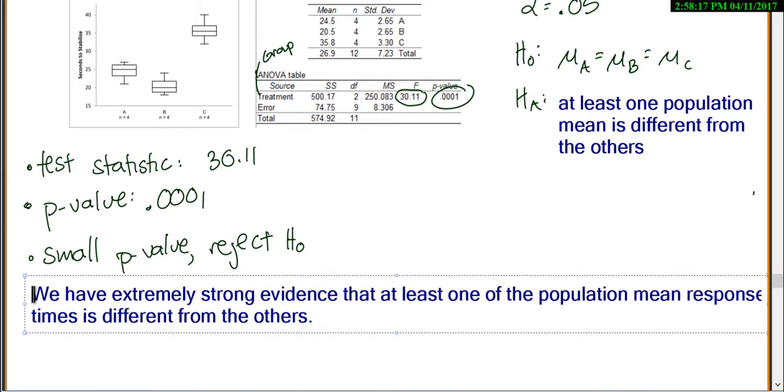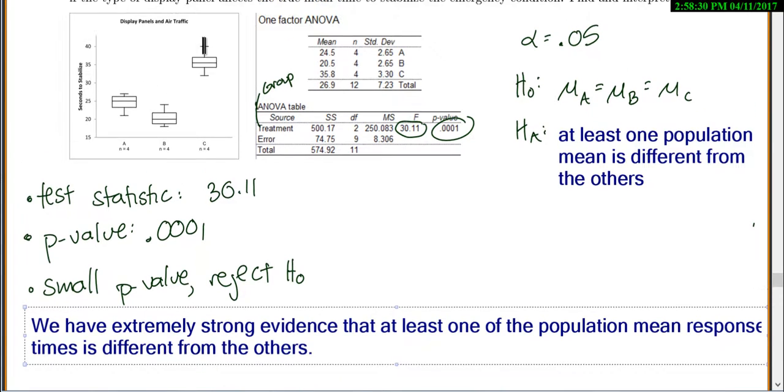Now remember, this one doesn't actually tell us which one is bigger, or maybe they're all different, maybe 2 are the same and 1 is different. It doesn't really tell us that. If we want to know which one is different, you can use your intuition and guess which one is probably different. I guess the C is probably different, but you'd actually go on further and do a post hoc test and a pairwise comparison to see which mean is really different from the others.